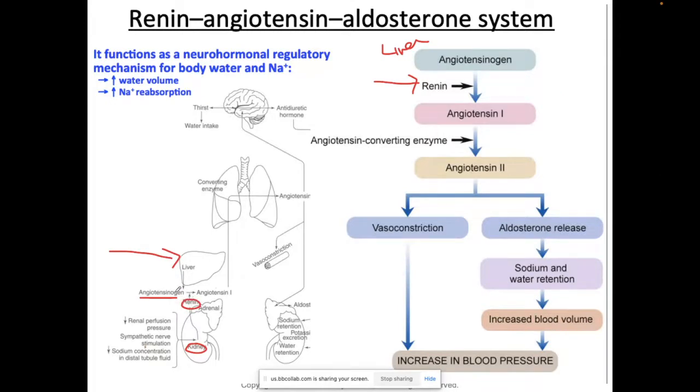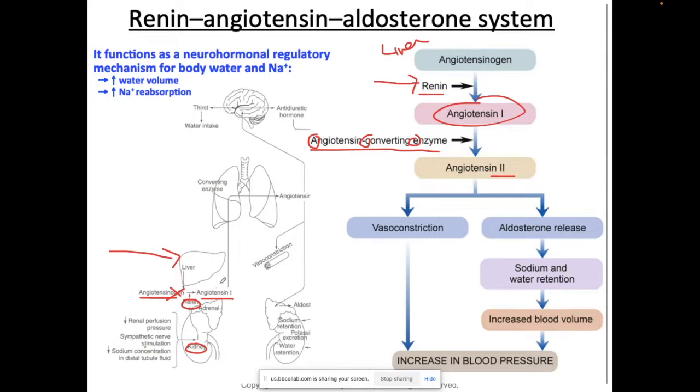And renin converts angiotensinogen by knocking off the "ogen" and giving us angiotensin 1. So angiotensinogen becomes angiotensin 1 because of renin. Now angiotensin 1 becomes angiotensin 2 because of ACE, angiotensin converting enzyme.